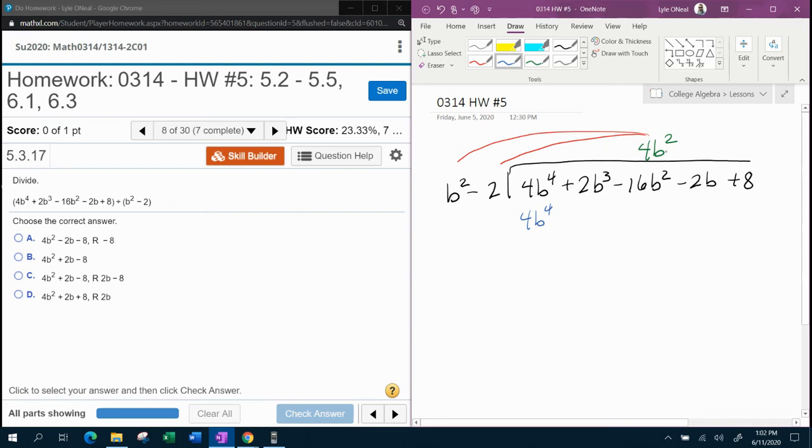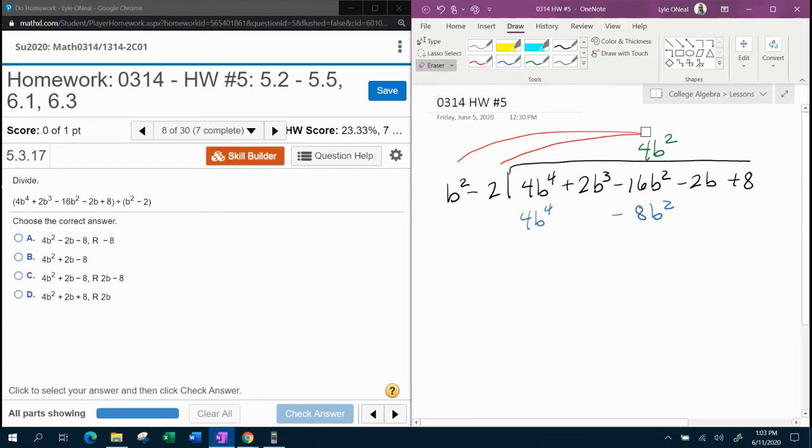And then 4b squared times negative 2, that is negative 8b squared. Now, do you see I'm keeping all of my like terms lined up? That is essential that you take your time and be careful and make your like terms line up, okay?